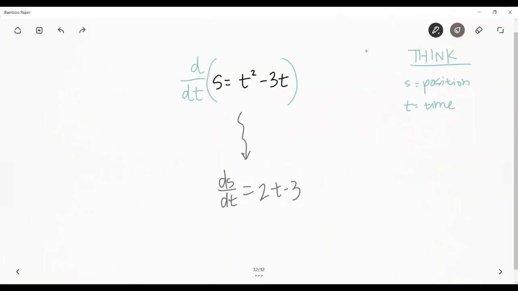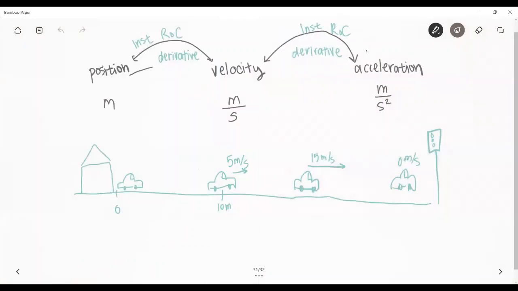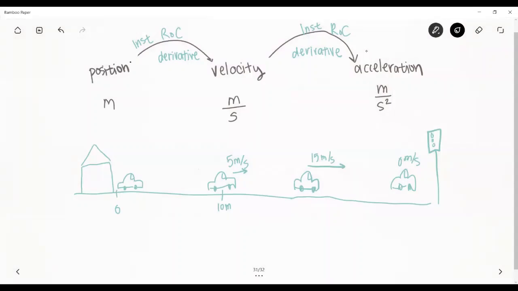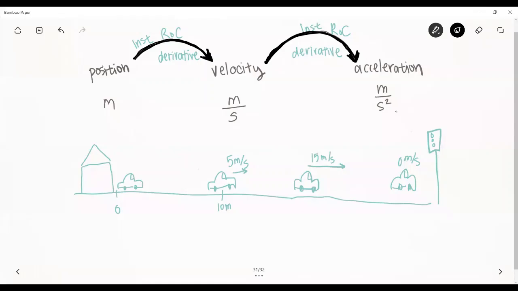And we just said that if you take the derivative of position, you're going to get to velocity. And actually, we should probably not have arrows this way. The arrows should go in one direction, right? So if you start with position, there, I bolded it a little bit more.